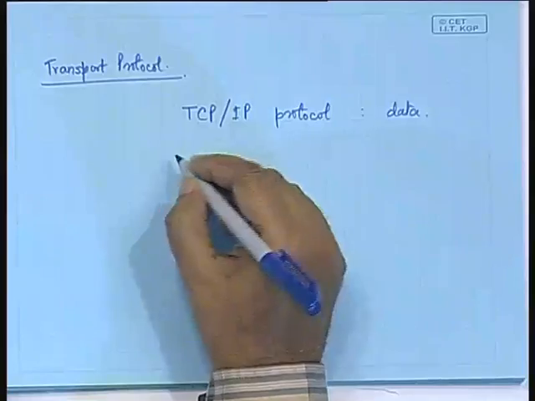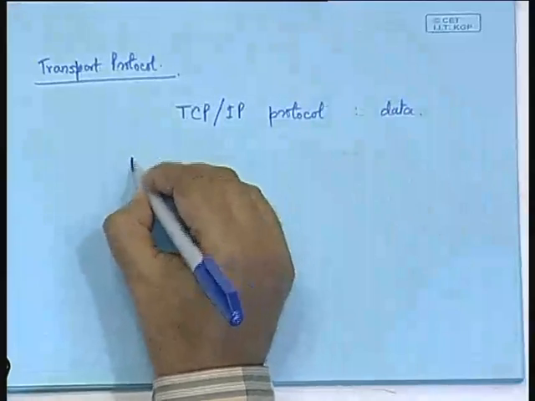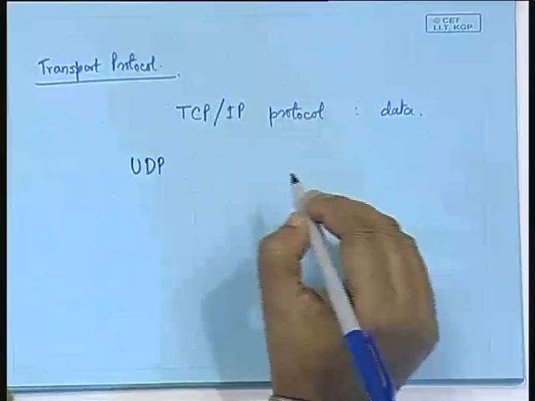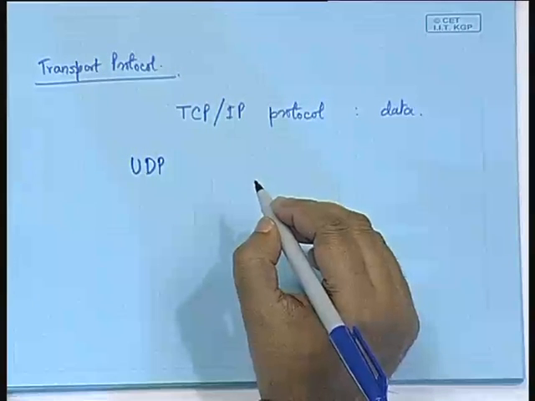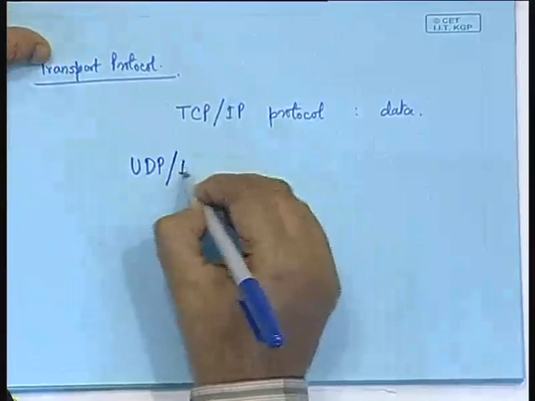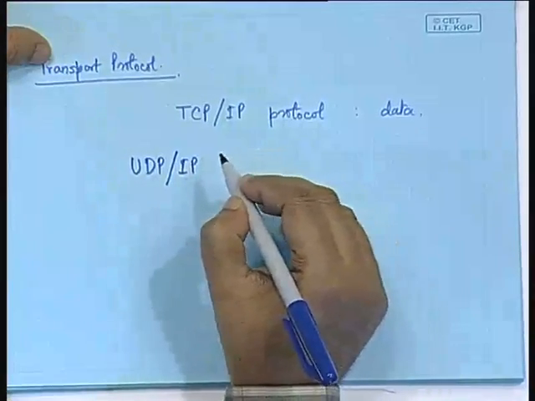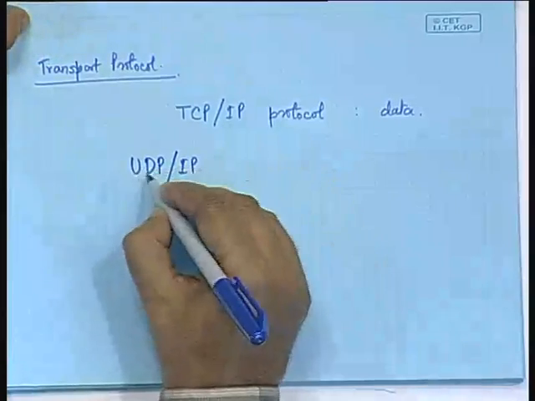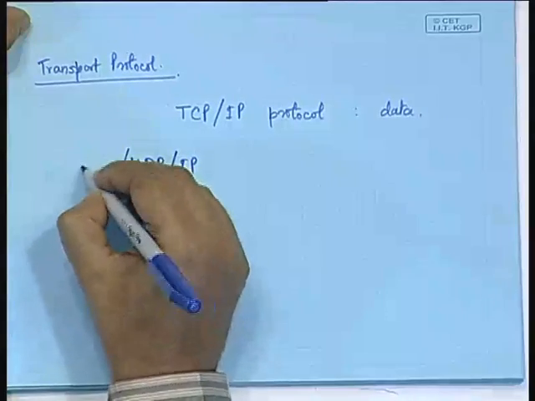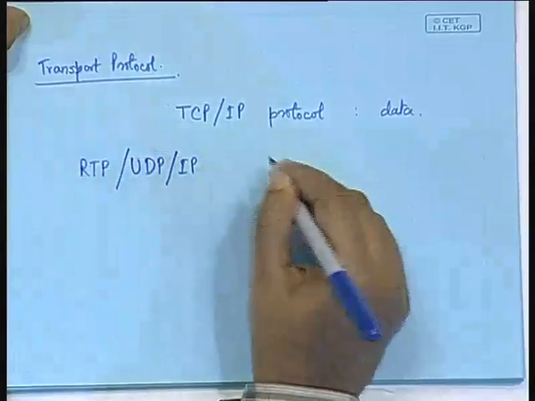So, that is why we are unable to use the TCP/IP protocol for VoIP, and in this case what we have to use is UDP. UDP's full form is the User Datagram Protocol, and we have to use the UDP/IP protocol for that. So, we use UDP/IP in conjunction with the Real-time Transport Protocol, RTP.